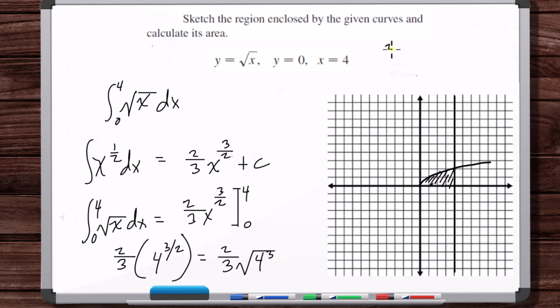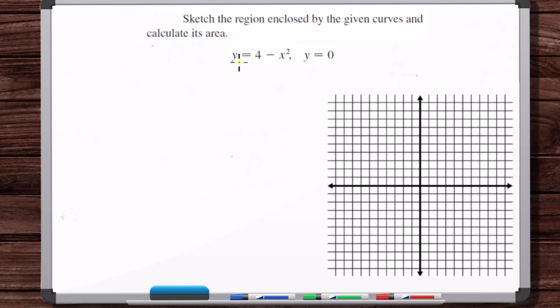So, okay, 2/3 and then 4 is 2 squared. So you've got 2 to the 6th. 6 divided by 2 is 3. So 2 cubed. So 2/3 times, the square root of 4 cubed is 8. So this is 16/3. This is 16/3.